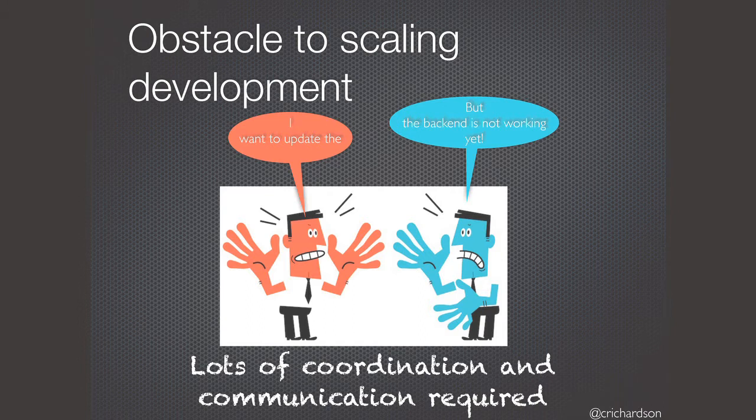Another problem you run into is that a monolithic application can be a big obstacle to scaling development. You've got a large engineering team, and you'd like to break it up into sub-teams that focus on specific functional areas. Ideally, they want to develop and deploy independently. But if at the end of the day all of their changes go into one big monolithic application, then you end up having a lot of communication and coordination.